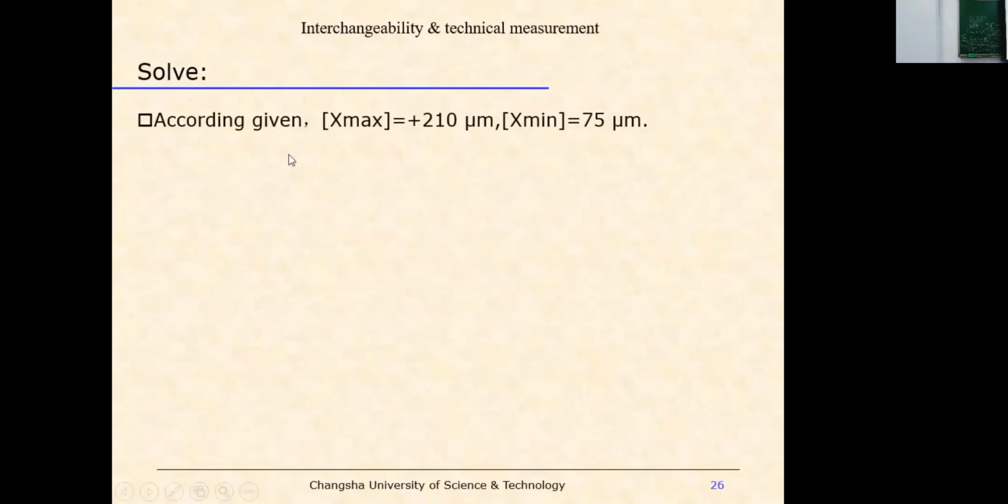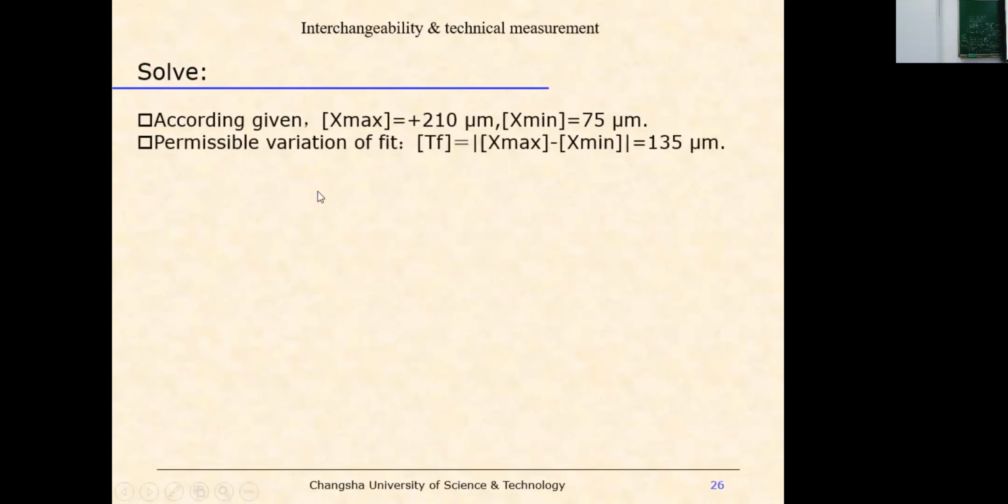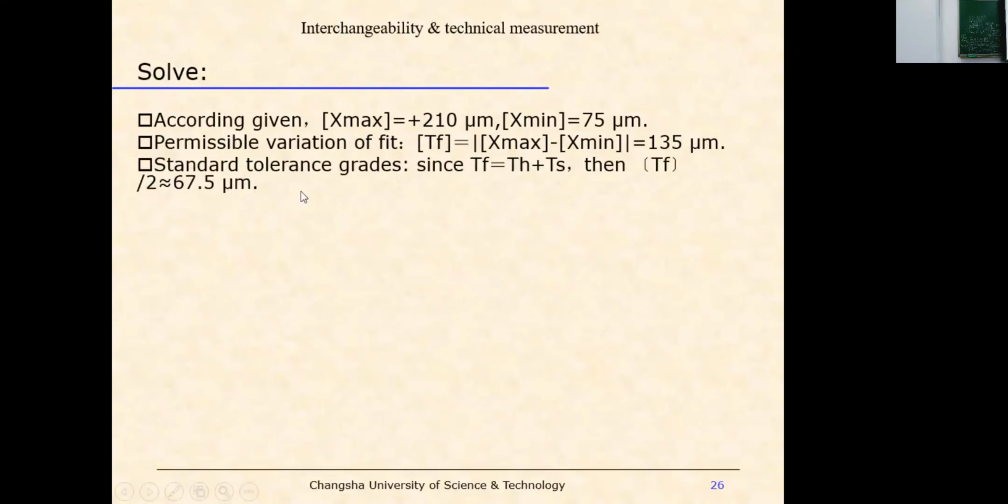So according to the givens, the maximum clearance is 210, right? The minimal clearance is 75 um. The permission variation fit is TF, right? TF is maximum minus minimum, 135 um. So TF equals TH plus TS, divided by 2, around 67.5, right?